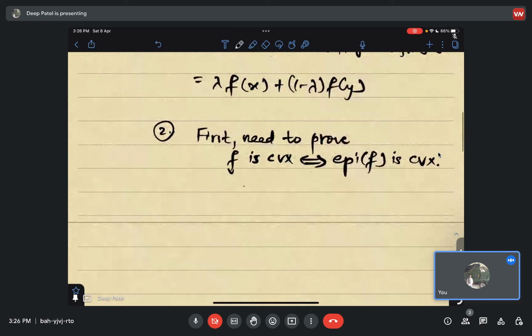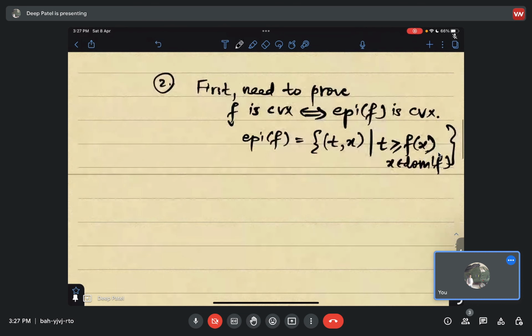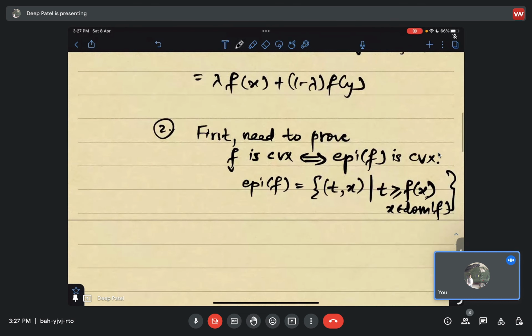So the epigraph is basically all the (x, t) such that t is greater than or equal to f of x, and x belongs to the domain of f. So you need to prove this.